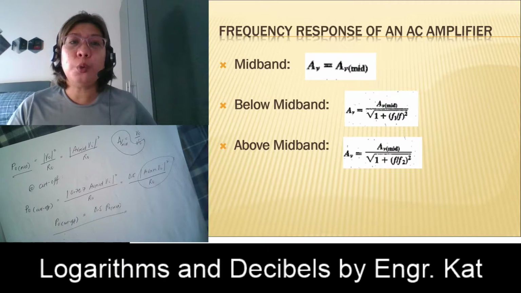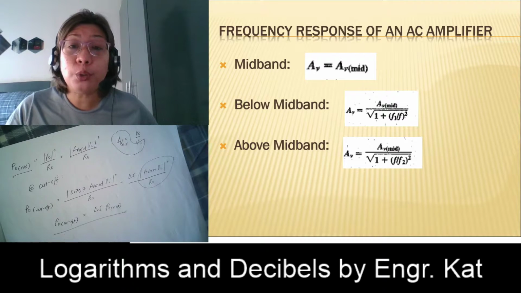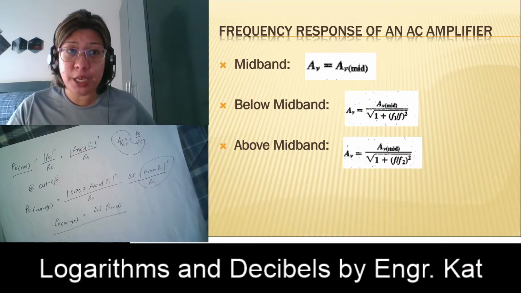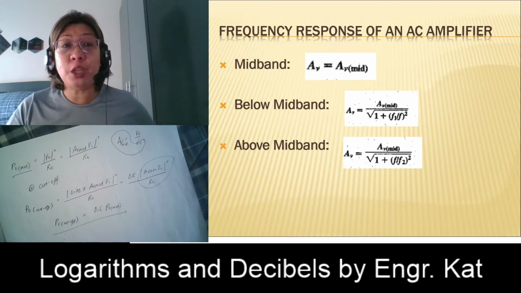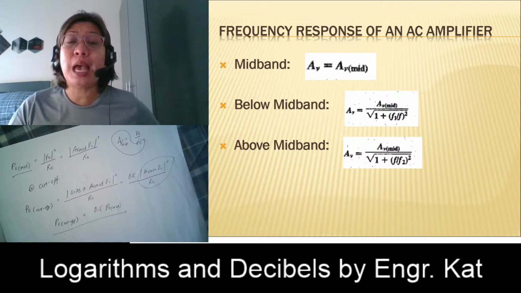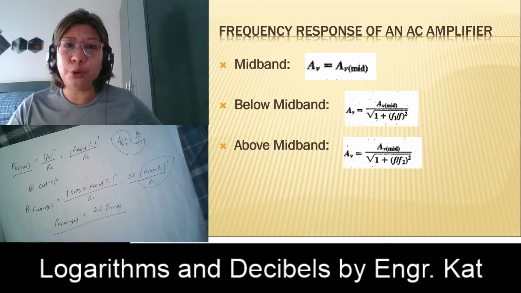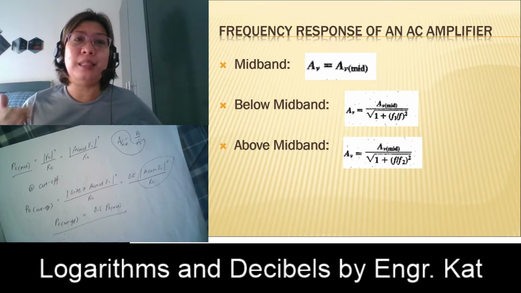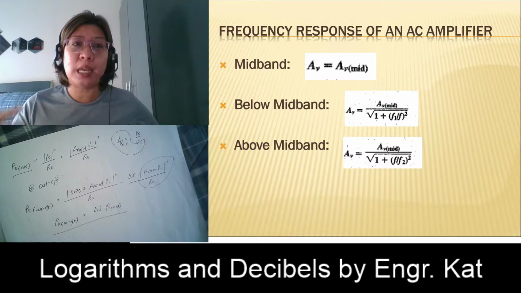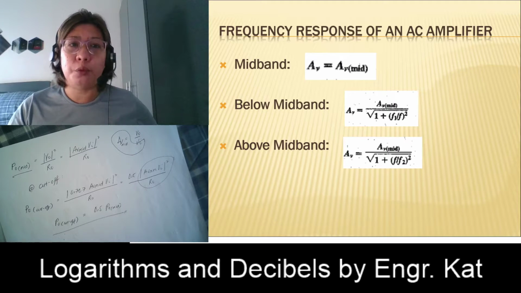So this is lower, that means this parameter here will give you a value which is greater than 1. If this is greater than 1, you square it, you add 1, then we get the square root. So we have a denominator which is of greater value. If you divide AV mid by a value which is greater than 1, technically speaking, the voltage gain will really decrease. It will cause a decrease in your original voltage gain.